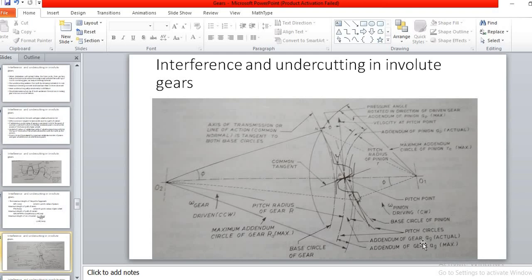The addendum of the gear is represented as AG. These notations are the same as we used in the derivations in the last video. So this diagram we explained here. Now we move further to the derivation of this case.